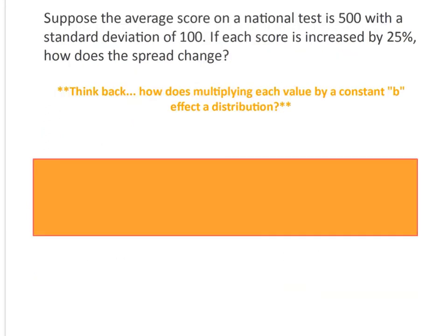So this is review, but just to make sure we're really solid on it, adding a constant only impacts the center. Well, suppose the average score on a national test is 500 with a standard deviation of 100. If each score is increased by 25%, so increased by a percent, that would be multiplying each value by a constant b. So think back, how does multiplying by constant b affect the distribution and affect the spread?